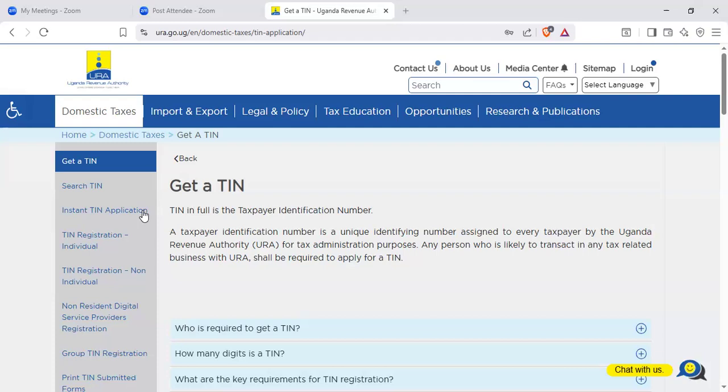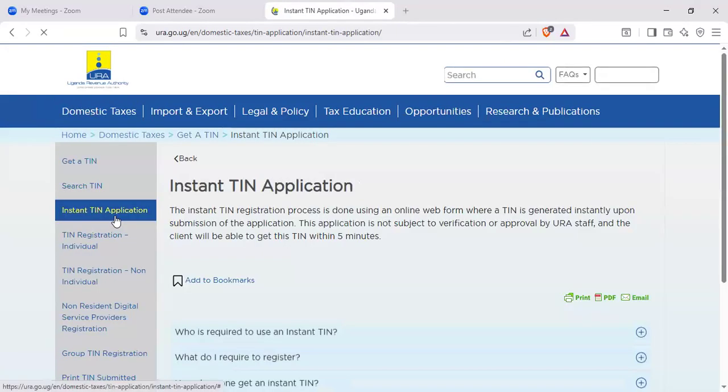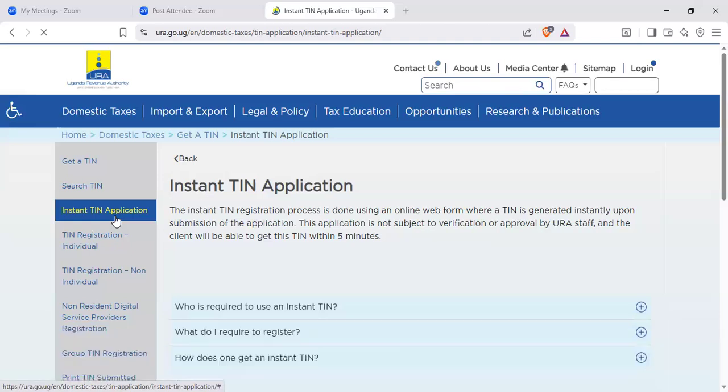Okay? So what you will do, if you're applying for a TIN, simply where you see the words Get a TIN, you have instant TIN application. If you have a NIN, you can just click on instant TIN application.